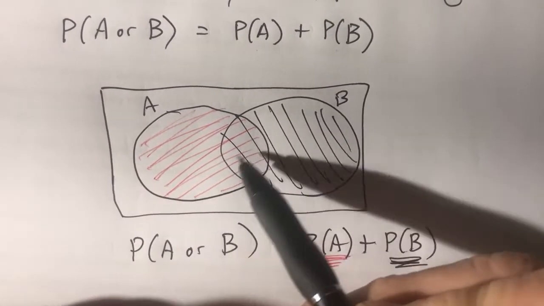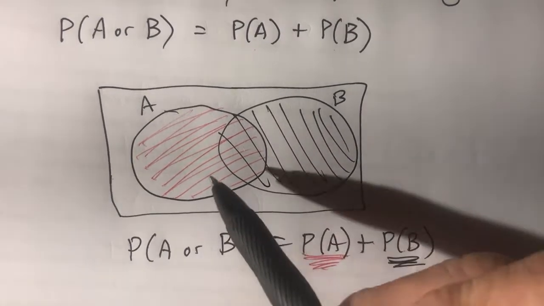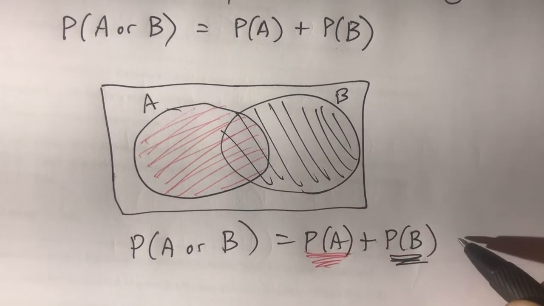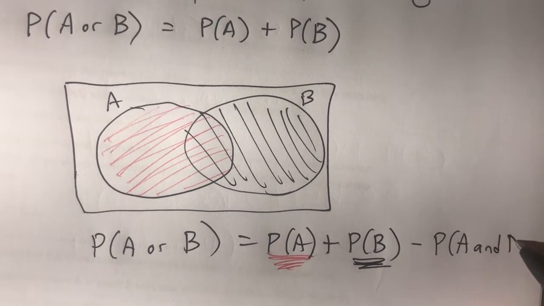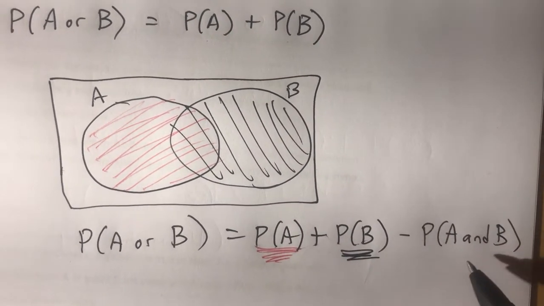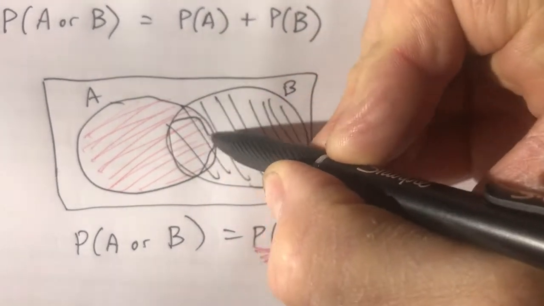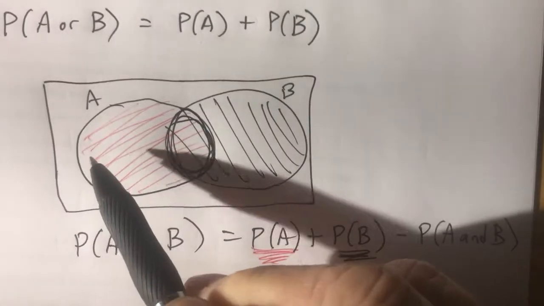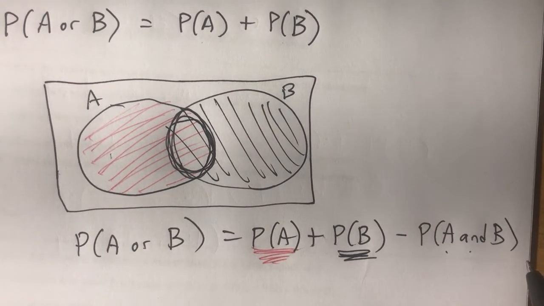I've counted it with the red shade, and I've counted it with the black shade. So I've counted this twice. So that means I need to subtract off the probability of getting A and B, which is this center here. This is A and B. See this right here? This portion, that's in the A circle and it's in the B circle. So that's A and B.